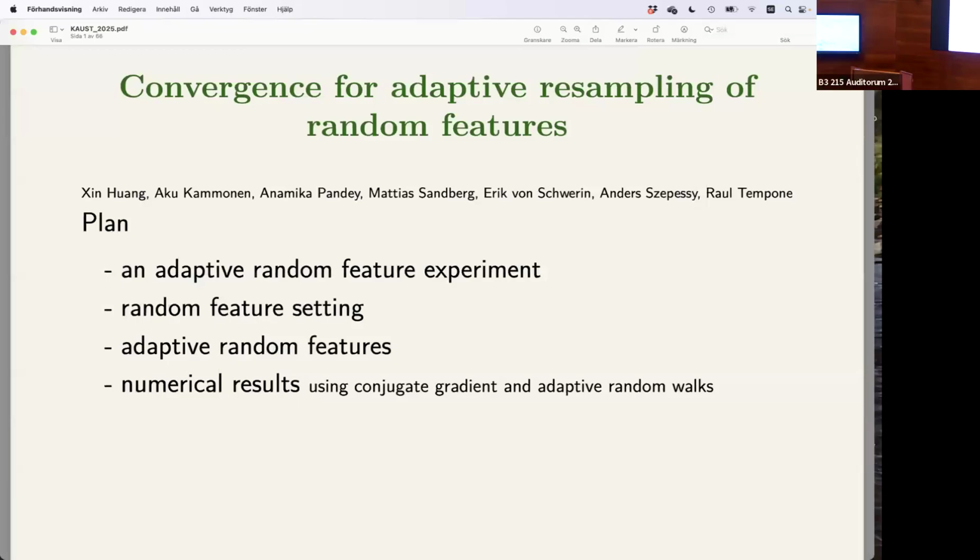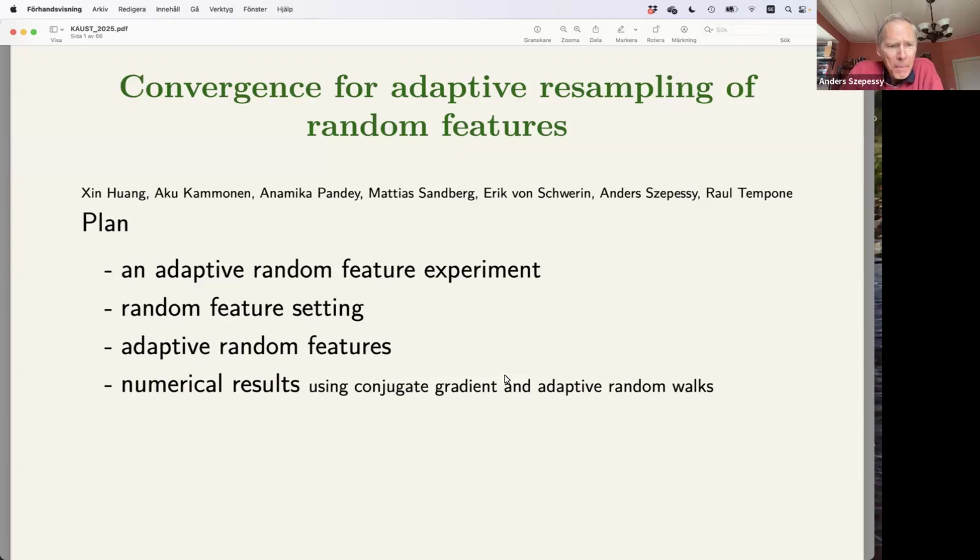Talk on convergence for adaptive resampling of random features. Thank you. It is a joint result with Xin Huang, Kammonen, Anamika Pandey, Mattias Sandberg, Erik von Schwerin, and Raul Tempone.